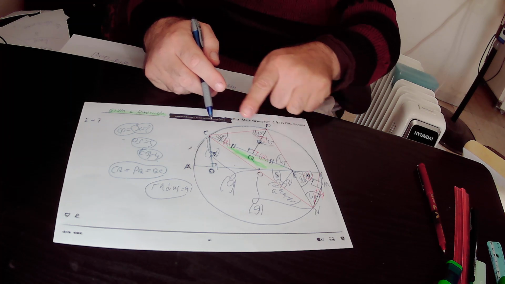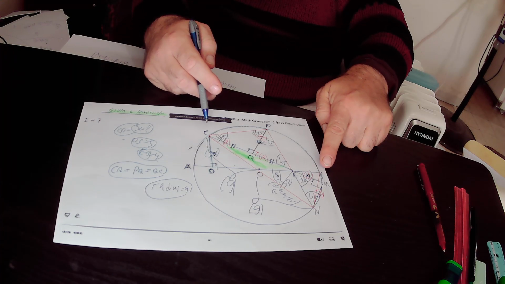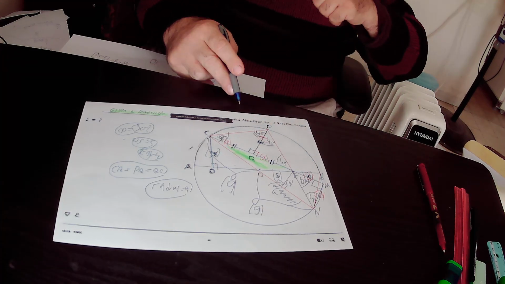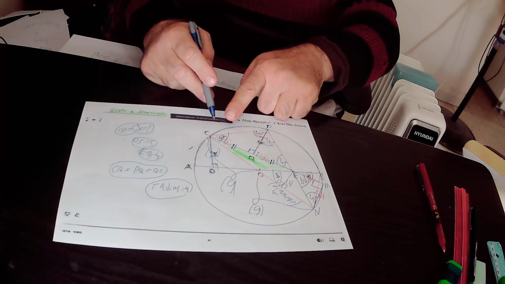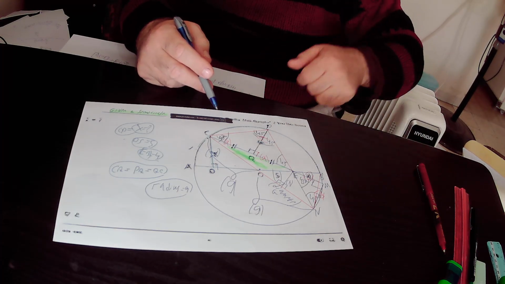The extended base CE is CN. So the height must rest on CM. MN rests on CM. This is a right angle. So the base of this big triangle is CE and the height is MN.